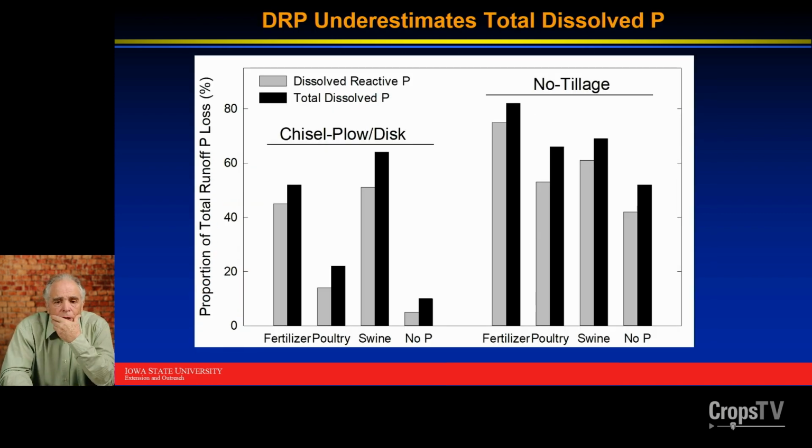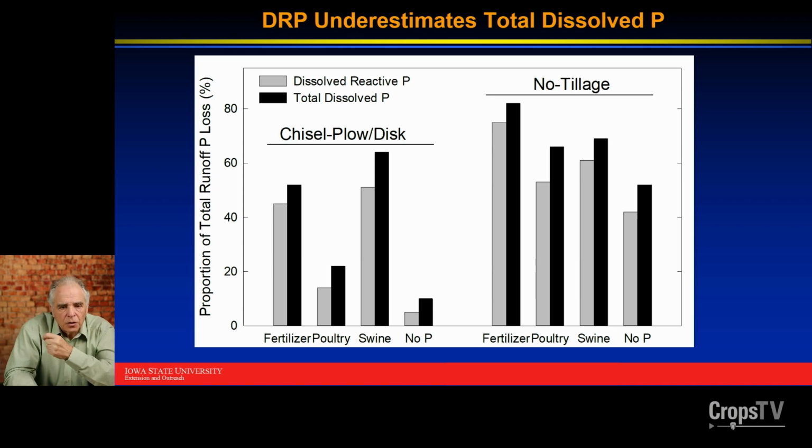The other thing that we did across all these experiments is this distinction, not in all, but most of them, looking at the difference between the total dissolved P and the dissolved reactive P that is commonly shown. The dissolved reactive P are the gray bars, with tillage in the left chart and with no-till in the right.